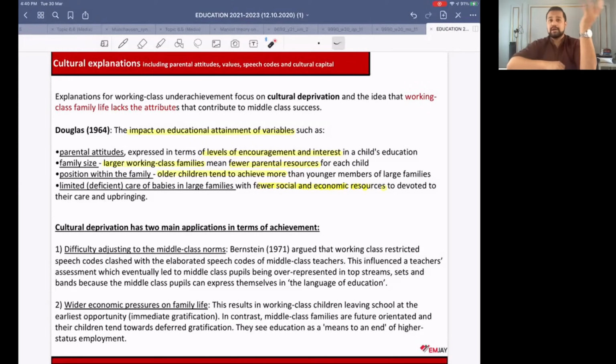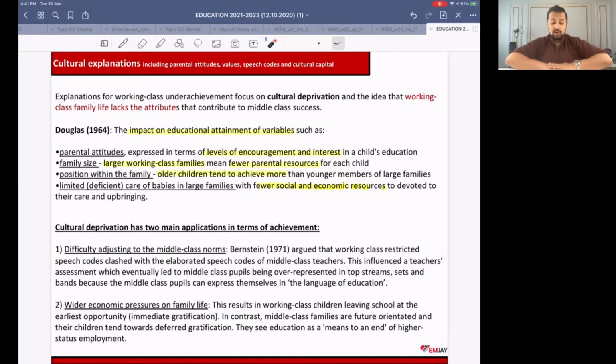So because your middle class culture goes in line with the way your education system is designed, and this doesn't really work out in the same manner for the children from the working class, so we can say that their culture, the culture of the working class pupils, it's deprived, right? They're experiencing cultural deprivation, if you put it in a simplistic manner, right?